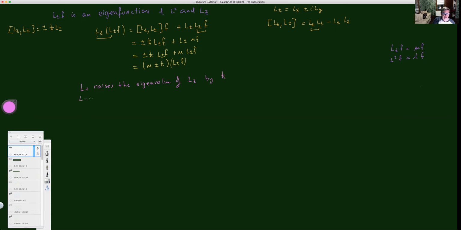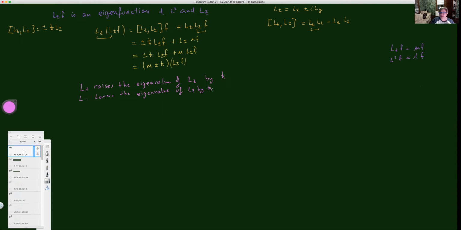L minus lowers the eigenvalue of LZ by H bar. Okay, raising and lowering operators again.